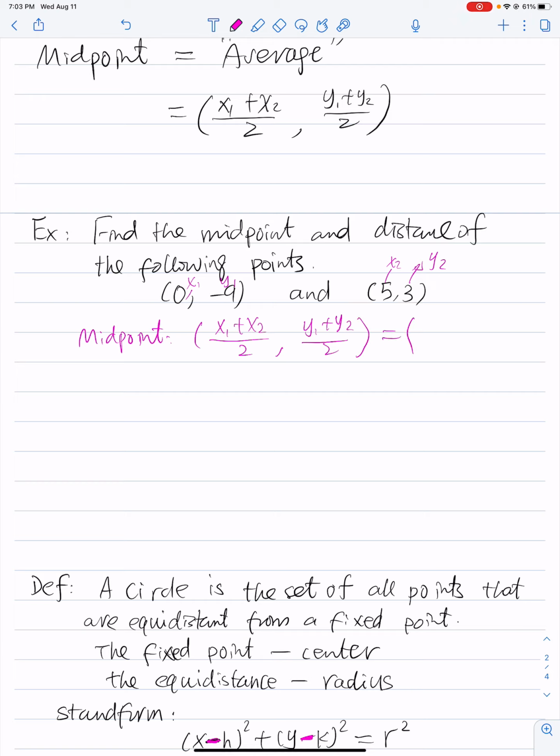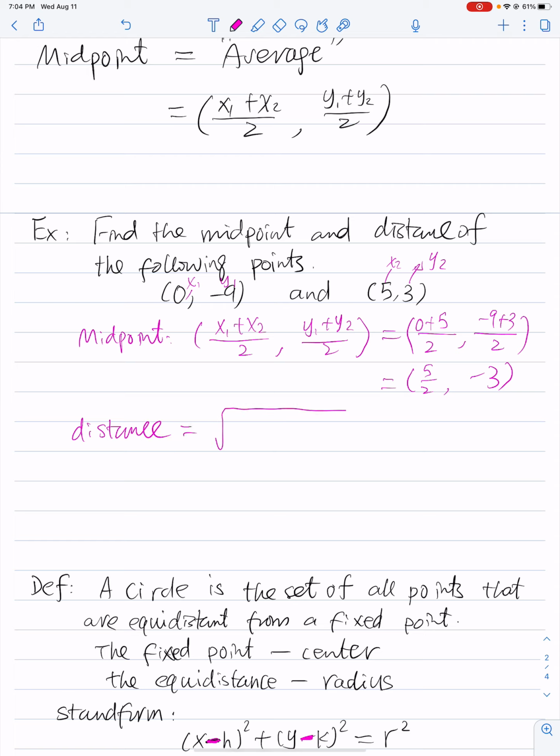So what do we have? 0 plus 5 and negative 9 plus 3 over 2. So it's 5 over 2, and negative 6 over 2 is negative 3. Okay. And what will be the distance?